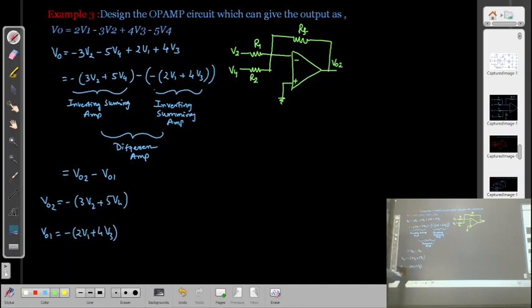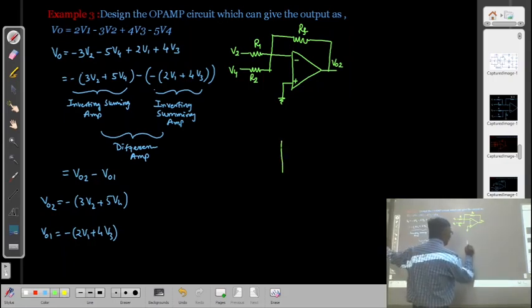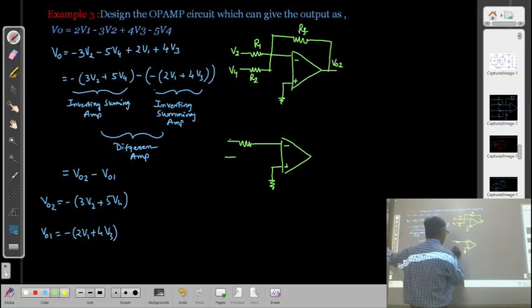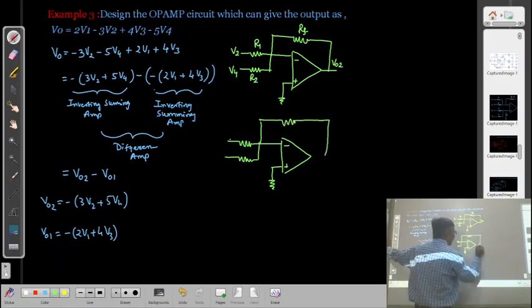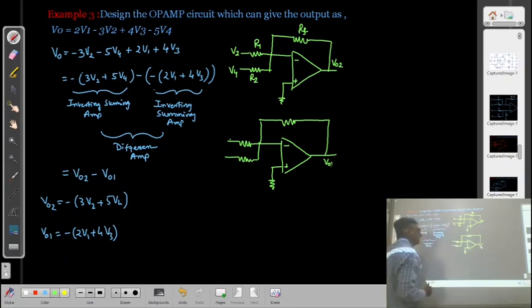Same way, we can have another summing amplifier. So first of all, you have to make this kind of a circuit, so you will get the idea what you have to calculate.